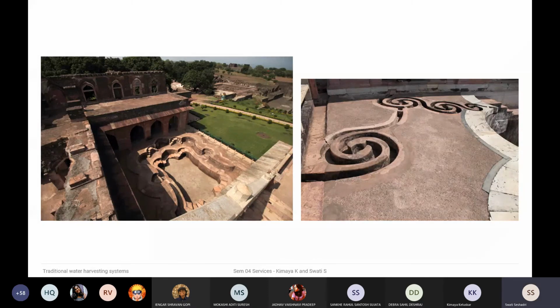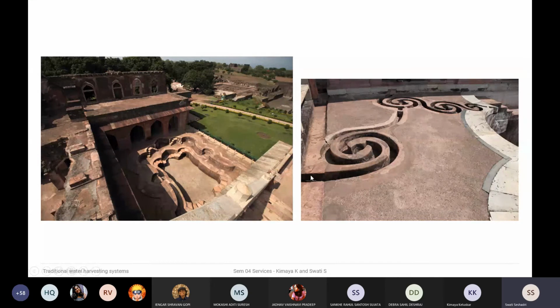So this is the pool that I was talking about earlier, which is at the ground level, and there was one at the first floor. This is essentially used as a pool or a bath, and there are these water channels that you see in the ground that are taking the water into the pool.